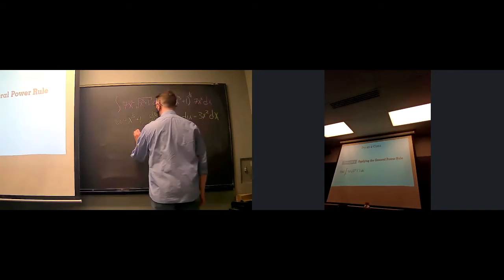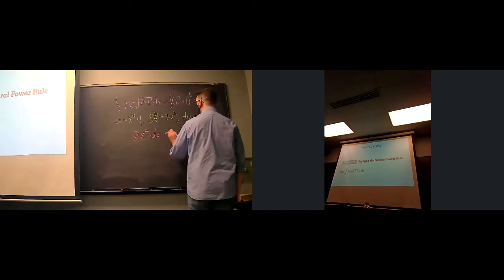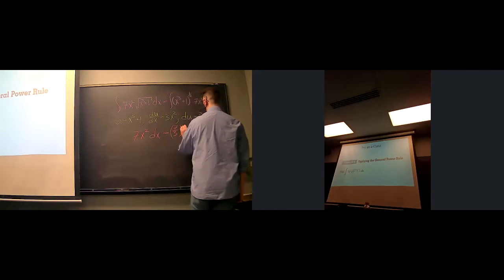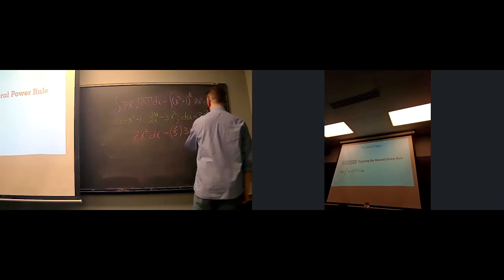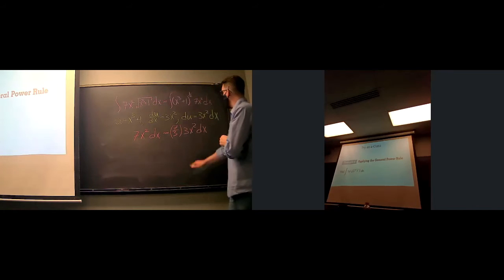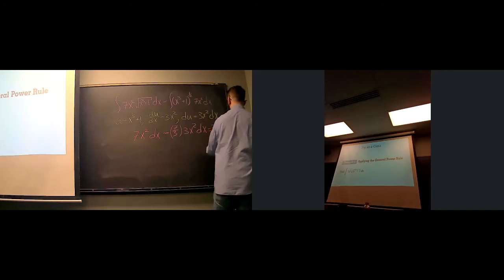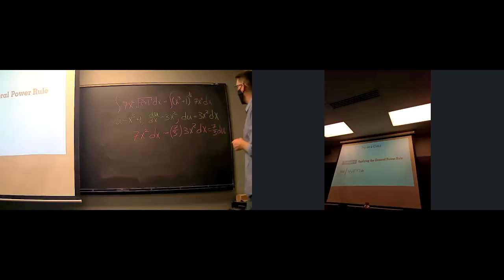We've got 7x squared dx. We can rewrite this as 7 over 3 times 3x squared dx. So this thing is going to be like 7 over 3 du. Agreed?